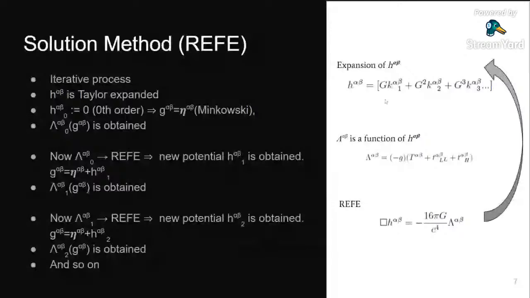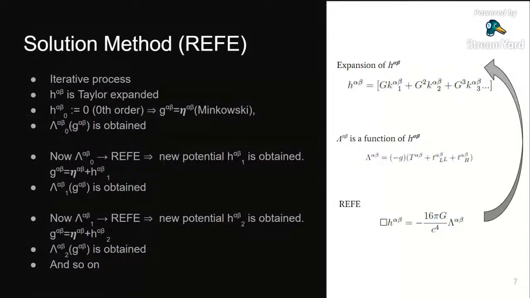Now, since we have the zeroth order of h, which is nothing but zero, that gives us the local spacetime metric, which is the background metric plus the correction metric, the h term. And since that is zero, we get the Minkowski metric, right?